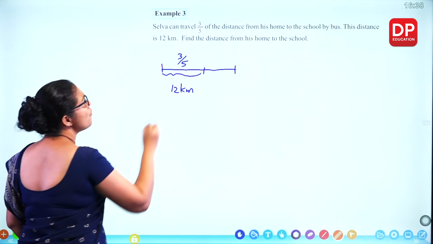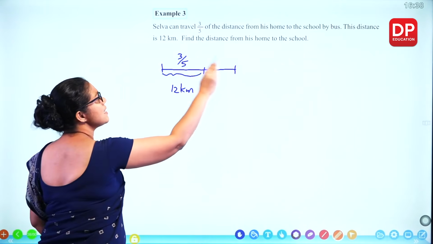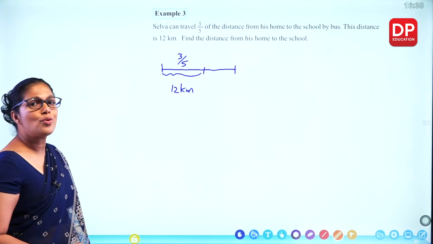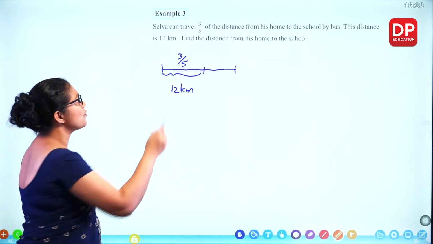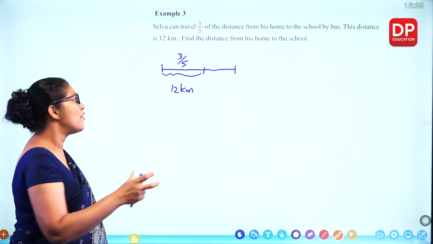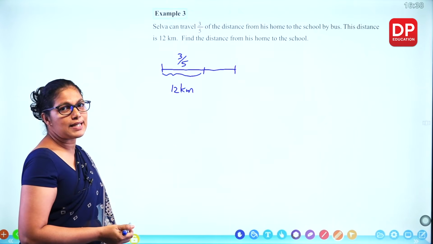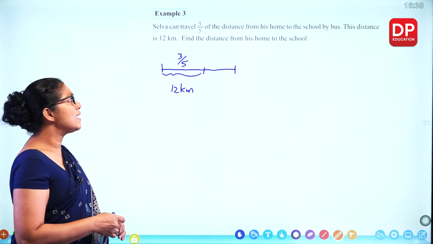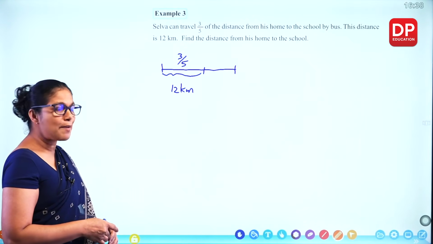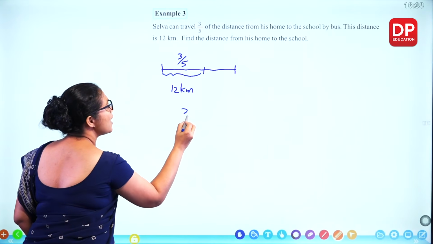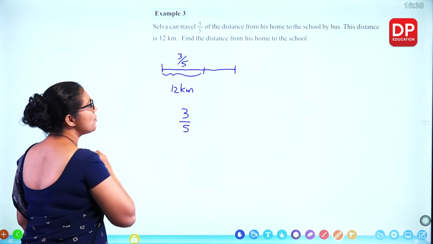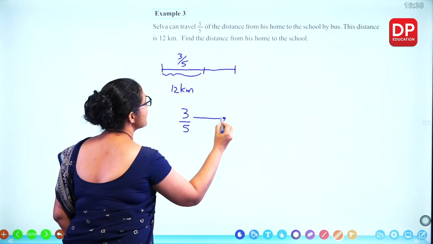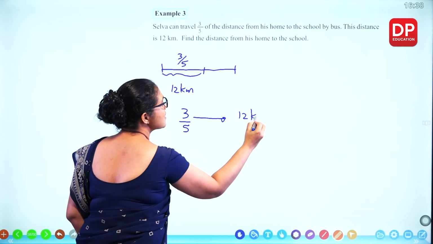And you are asked to find out the total distance from home to school. When you take 3/5, that means 3/5 represents 12 kilometers.